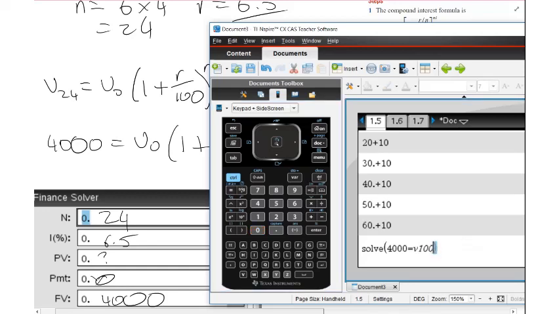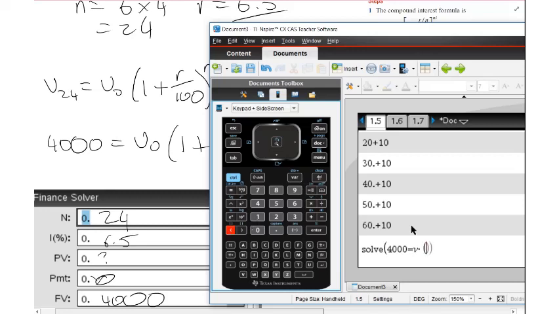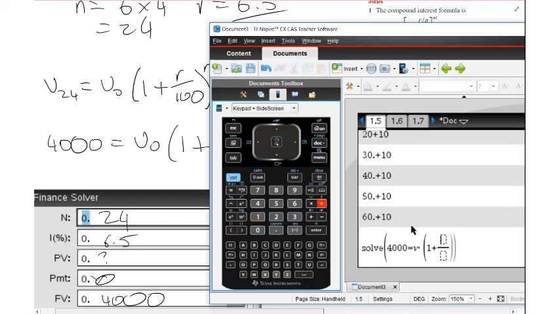I hate it when that happens. I'm not having much luck at the moment. Okay, 4,000 equals V times the bracket 1 plus 1.625 over 100.